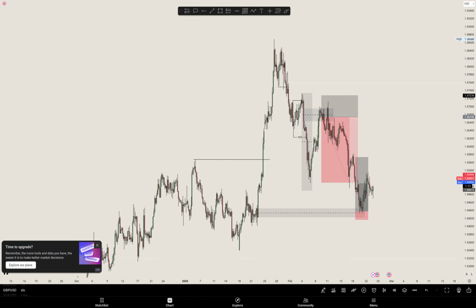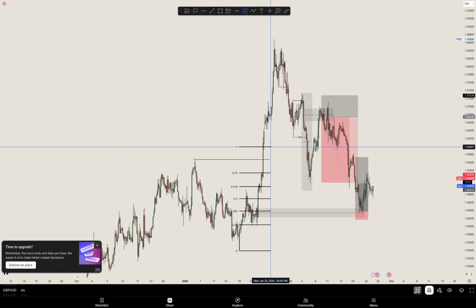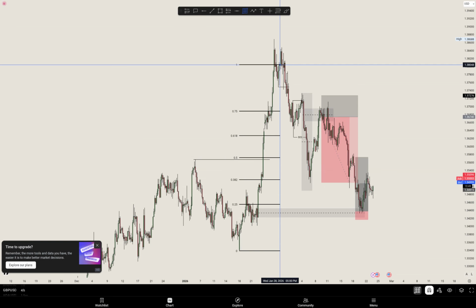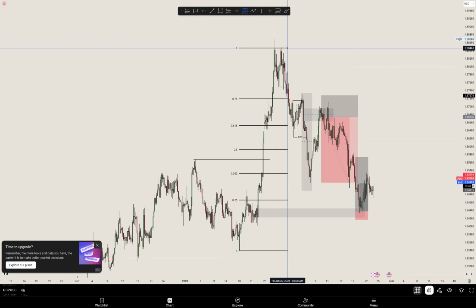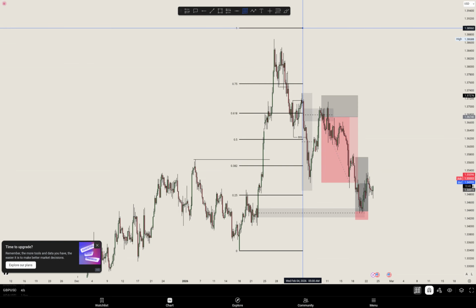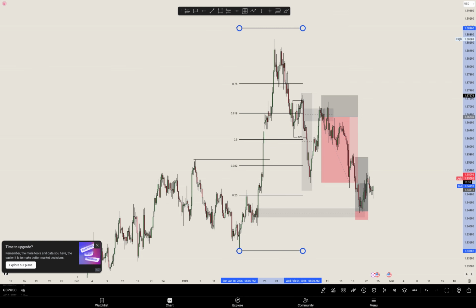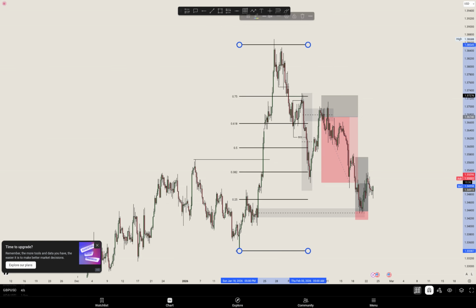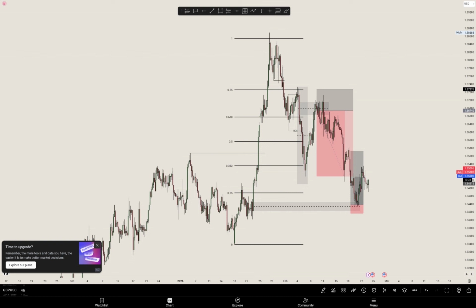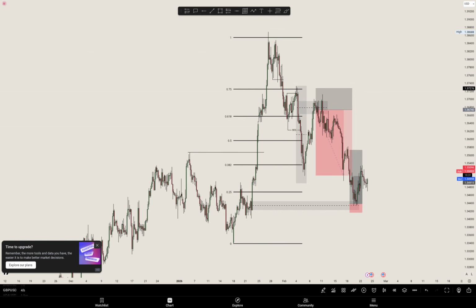From clear indications, we know that this is our swing structure, from this low here to that high, this extreme high here. We have this as our swing structure.